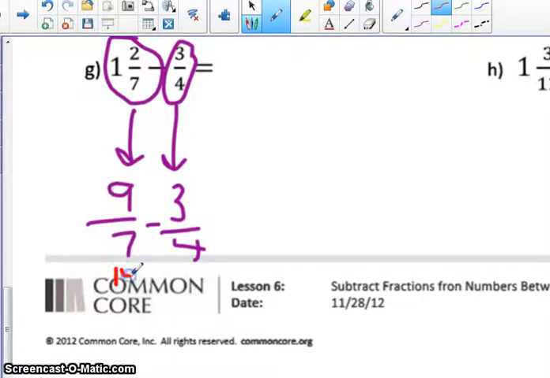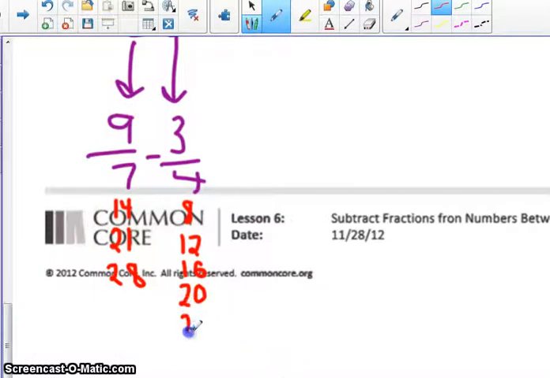If we go down here a little bit, let's change to red. We're just going to find our least common denominator. 7, 14, 21, 28. Let's see if that's far enough. 4, 8, 12, 16. Still nothing. 20. We need to find the same number on both sides. 24, 28.